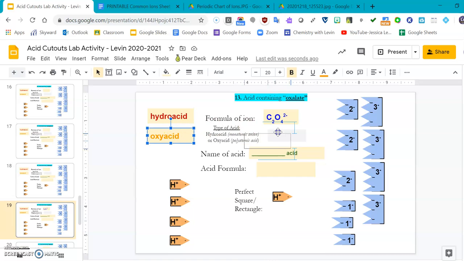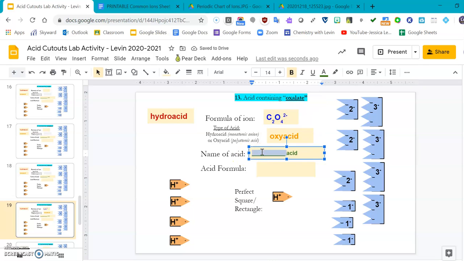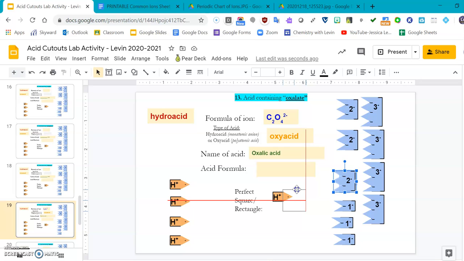It is an oxyacid, so I'm going to move that over here. Oxalate means it is oxalic acid, which is what is going to give chocolate that tartness. And let's see, it's C2O4 2 minus, so it's a 2 minus charge.